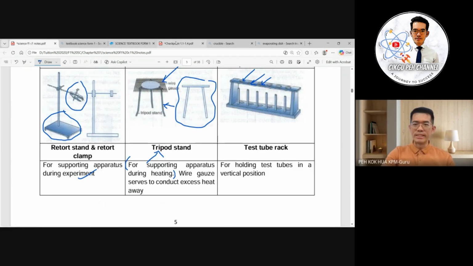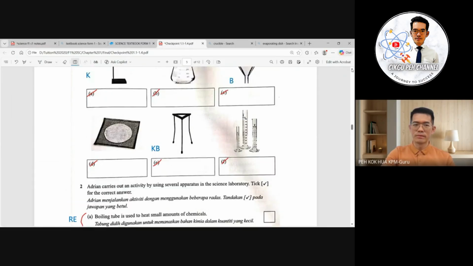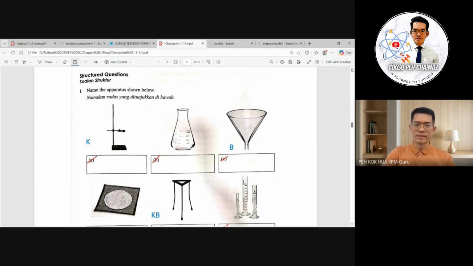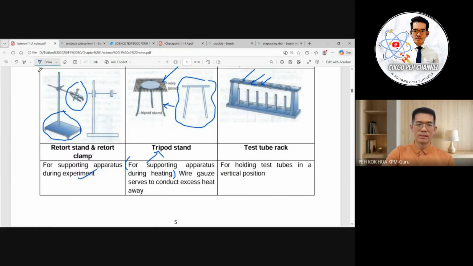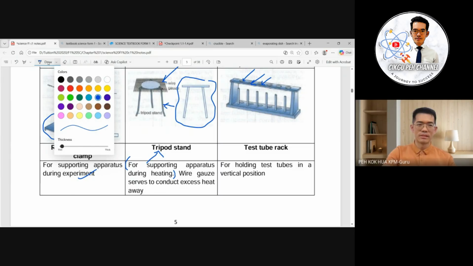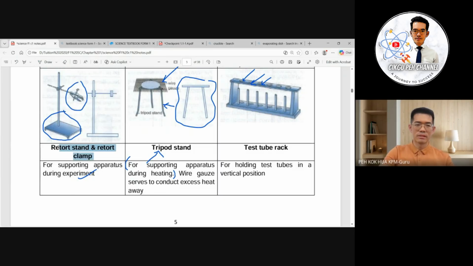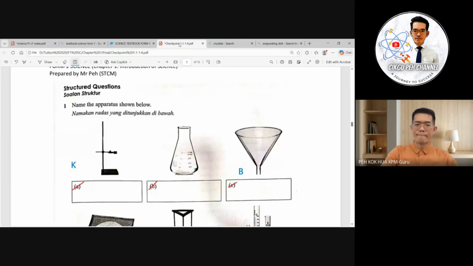Okay, so very easy. So we start from number 1. So name the apparatus. So for the first, Catherine? Retort stand.